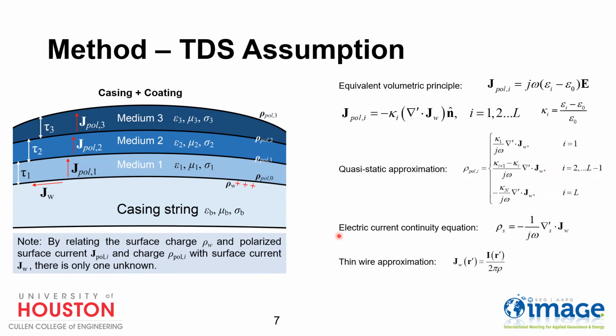And then we can use the electric current continuity equation to express the surface charge using the surface current. So finally, we only have one unknown. That is, modeling the coating doesn't increase the number of unknowns.